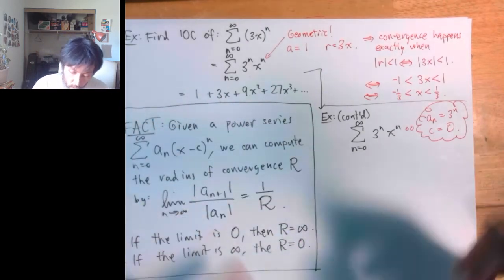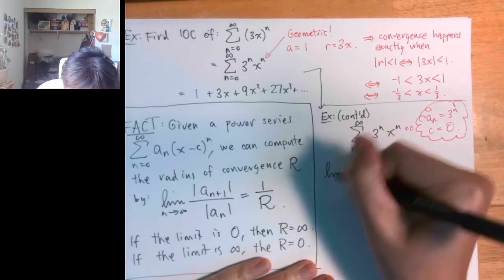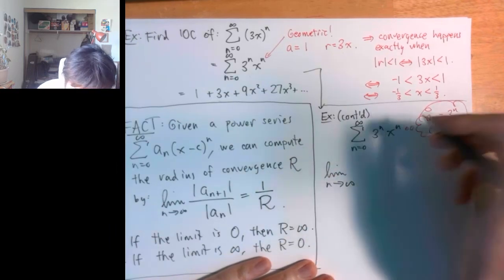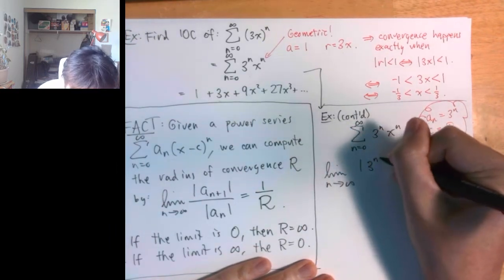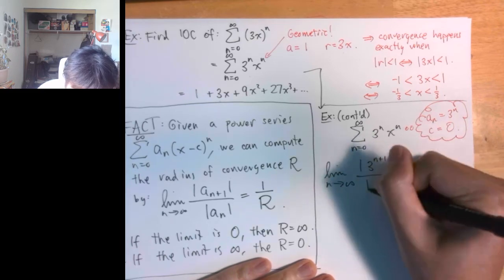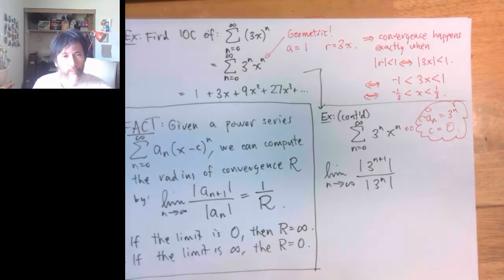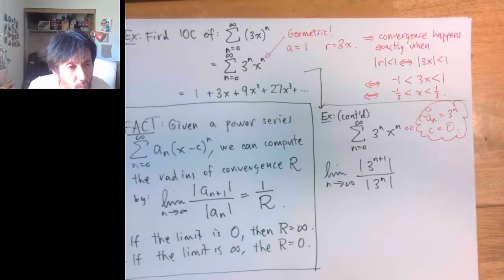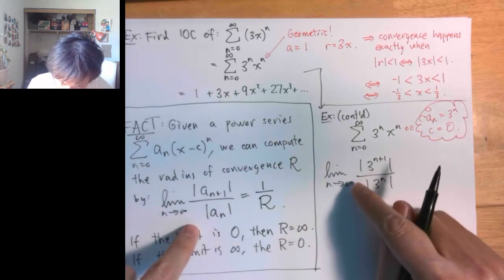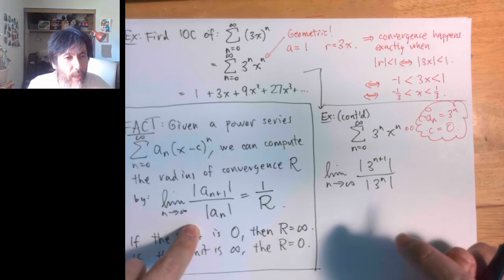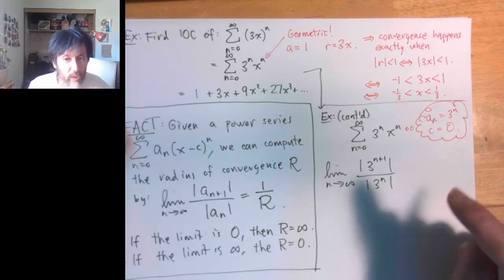So we're going to look at the limit as n approaches infinity of the absolute value of 3 to the n plus 1 divided by the absolute value of 3 to the n. Of course, the absolute value of 3 to the n plus 1 is just itself, because it's always positive. Similarly for 3 to the n.